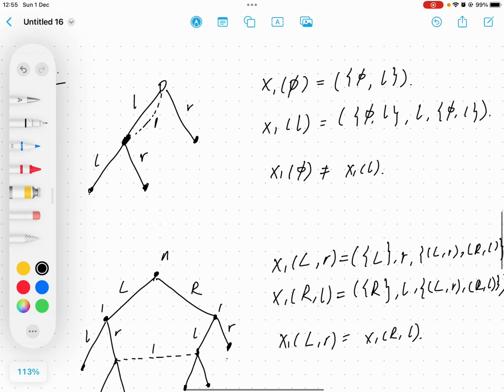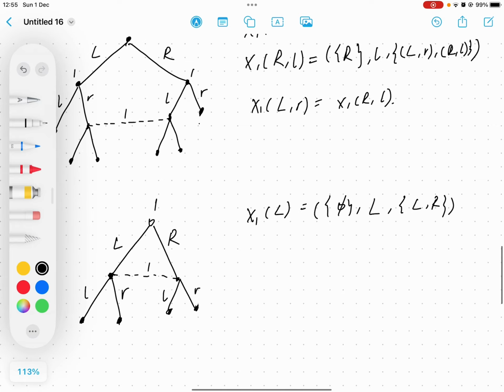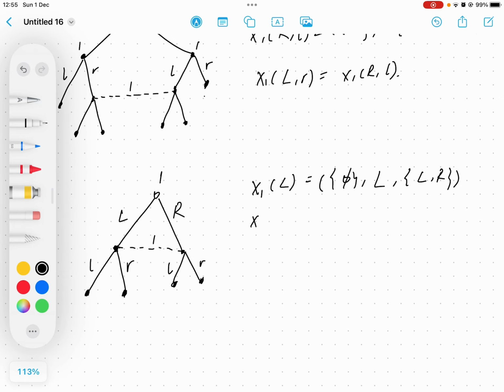Cannot distinguish between L and R. Okay, good. So how about X1 of R? So similarly, first the empty set, and after playing R, and then cannot tell from L and R, right? So those two are not the same. So there's no perfect recall in this game, right?